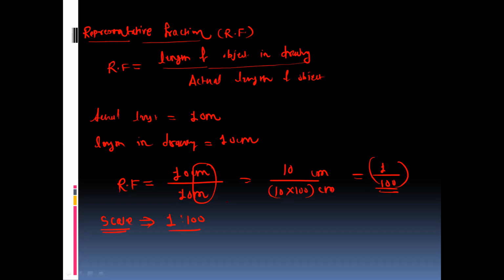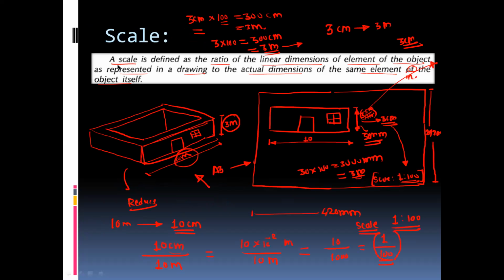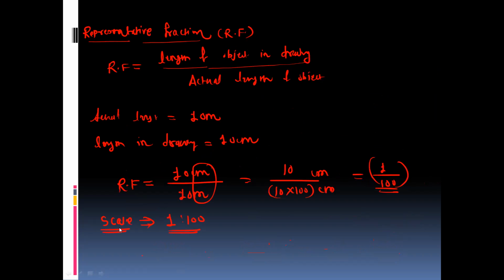Now we will discuss what is a reduced scale, what is the enlarged scale, and what is full size scale. Basically this definition stands for the representative fraction, and we represent this representative fraction as a scale.